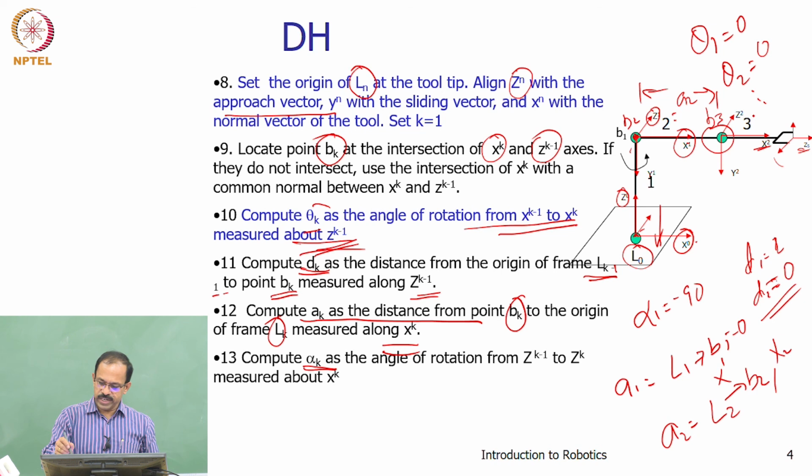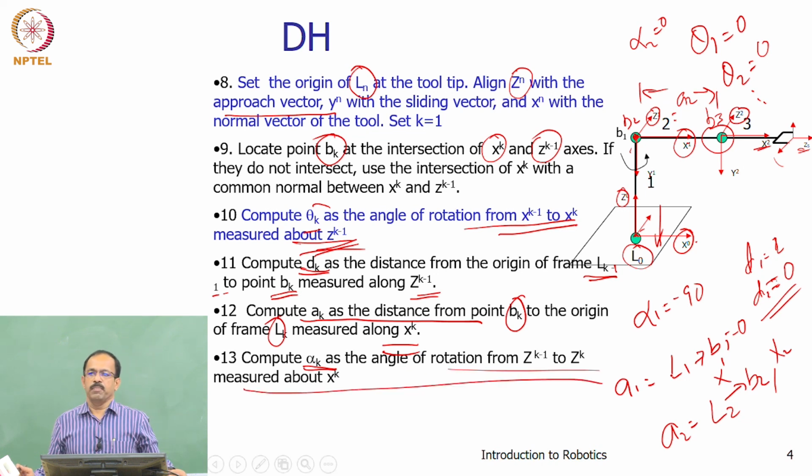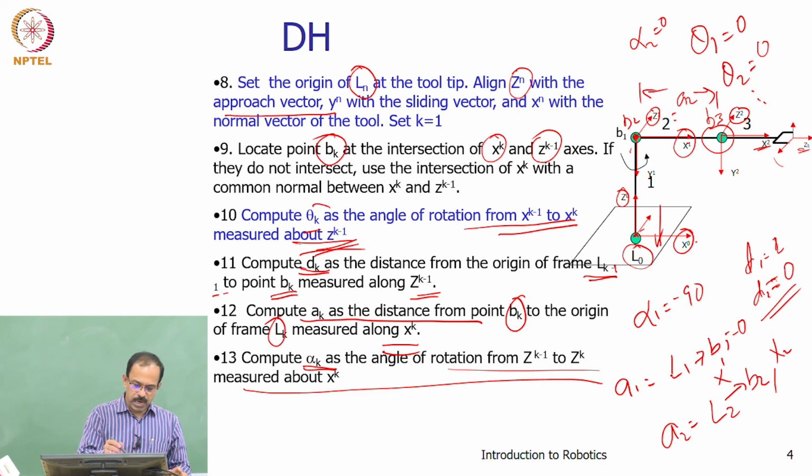Similarly, Z1 to Z2, you will see that there is no rotation, they are parallel. So alpha 2 will be 0. Z2 to Z3, you apply the same logic and you will be able to get the parameters. This way, you will be able to get all 4 parameters theta k, dk, ak and alpha k for every joint.